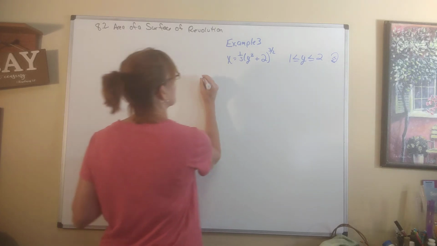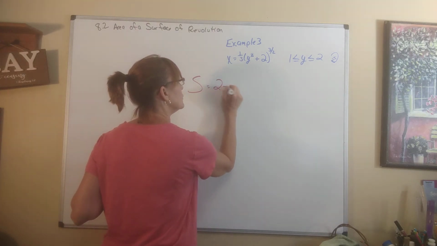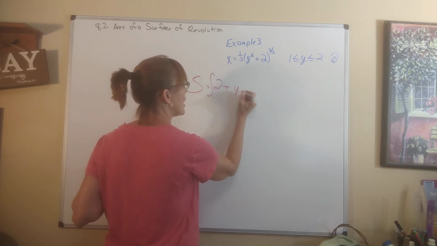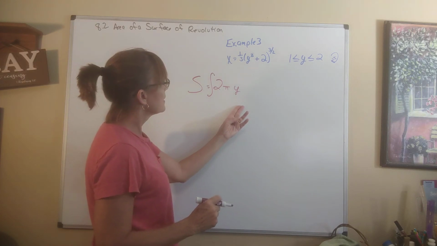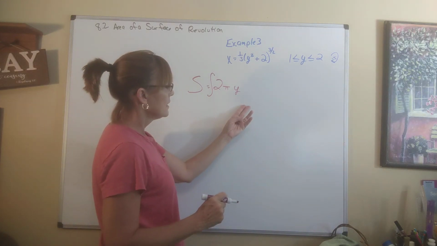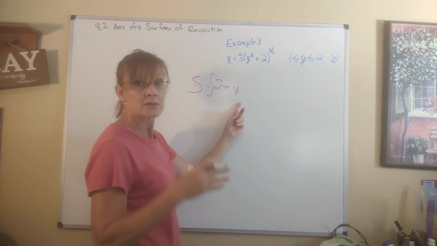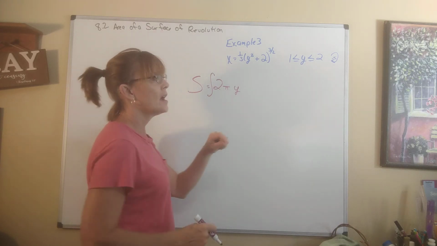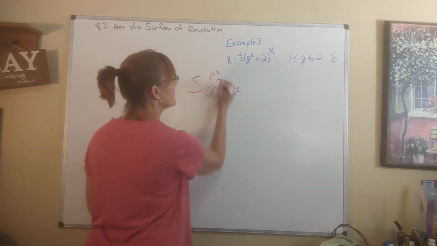The surface area is still going to be 2 pi, the integral, 2 pi y. Instead of writing y as a function of x, instead of writing f of x here, we're just going to leave the y because we want everything in terms of y. And we change our limits of integration from x limits to y limits, so we're going to go from 1 to 2.